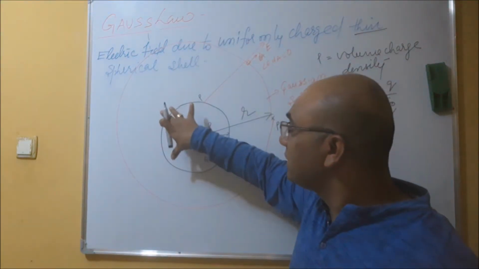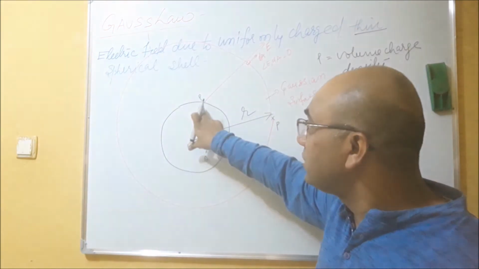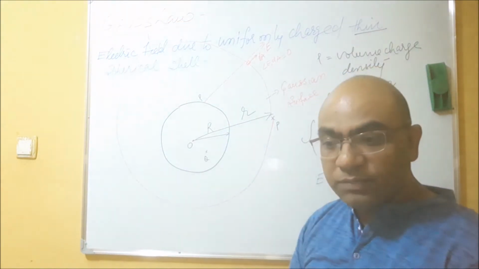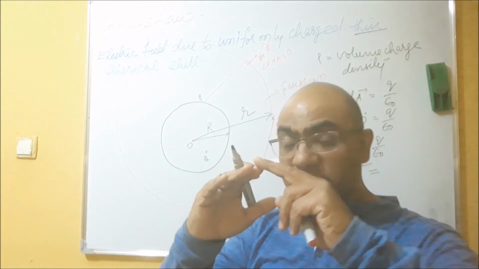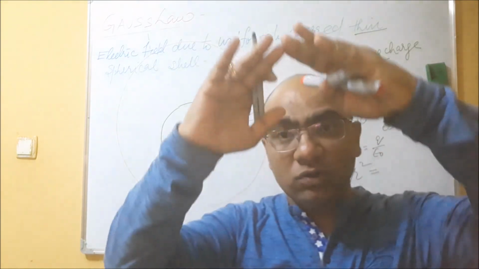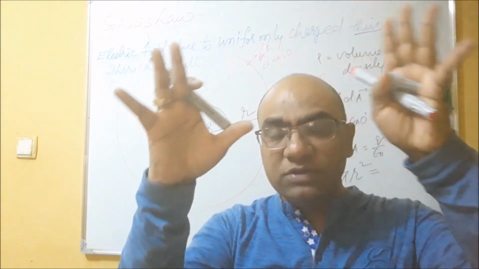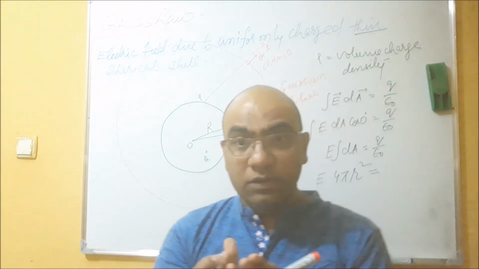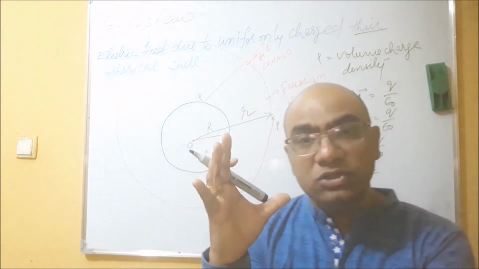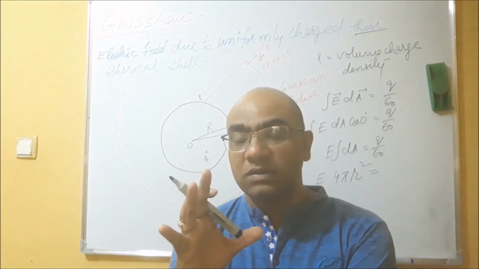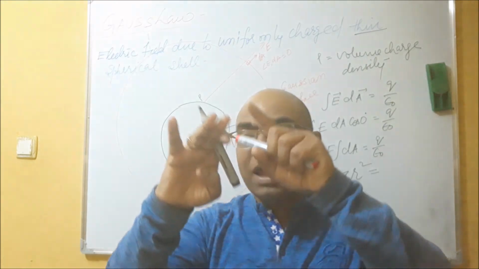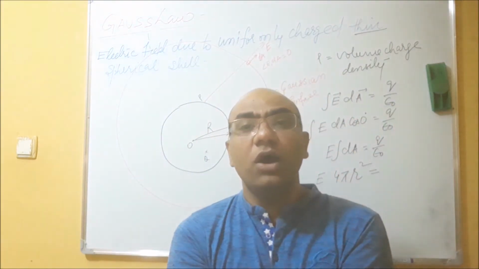This is the surface which is enclosed, and you see, the per unit volume, sorry, this charge is on the outer surface of the shell, so it is not in the volume, it is on the surface, and so we will take the surface area. Mind it, if it were a sphere, then the charge would be distributed on the total volume, but since it's a shell, the charge will be only on the outer surface.